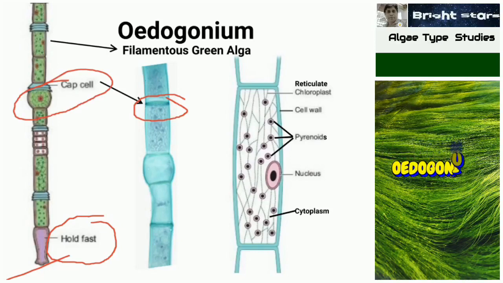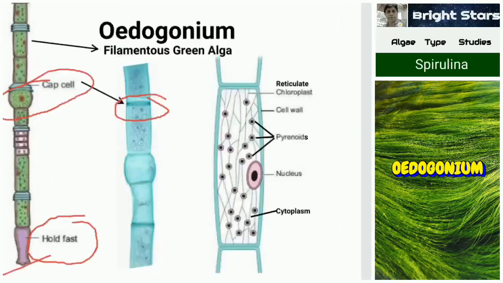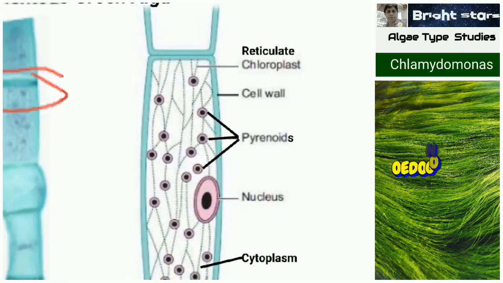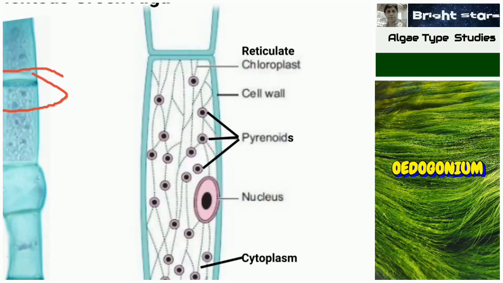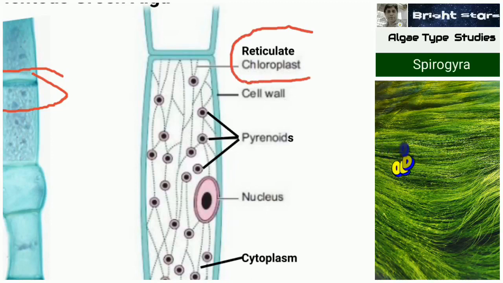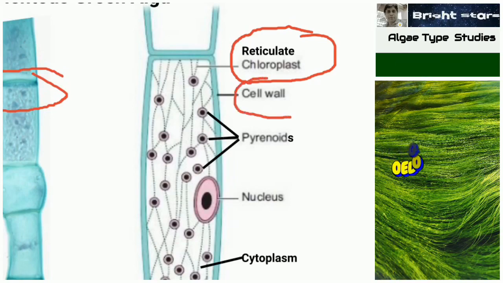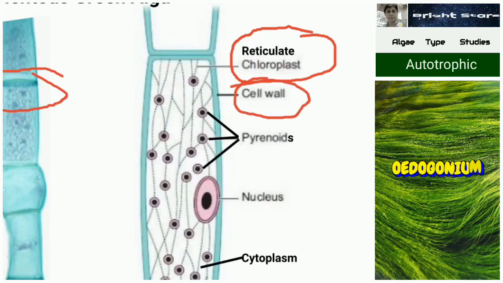Next, the detailed structure of the cell you can see here. You see a reticulate chloroplast. In Chlamydomonas, a cup-shaped chloroplast is present. In Spirogyra, a spirally arranged chloroplast, but here a reticulate chloroplast is present. After that, the cell wall is there, just like in all plant cells.